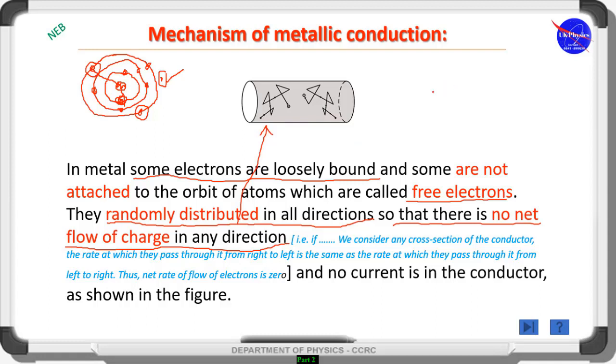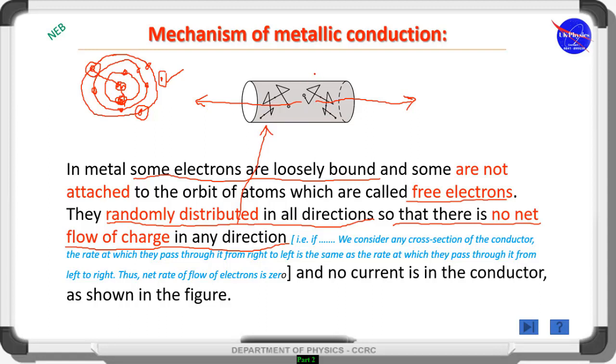That means in this conductor, suppose the number of electrons flowing out in these directions is exactly equal to the number of electrons flowing in these directions.